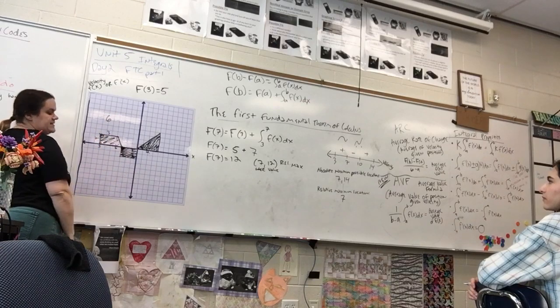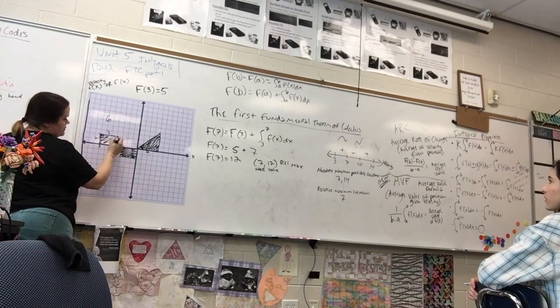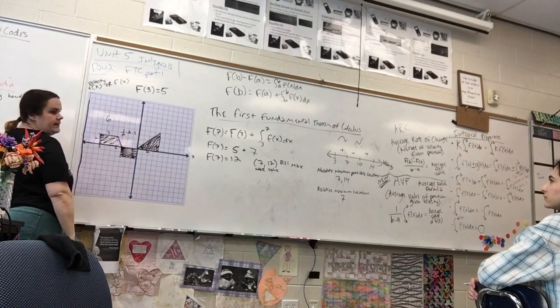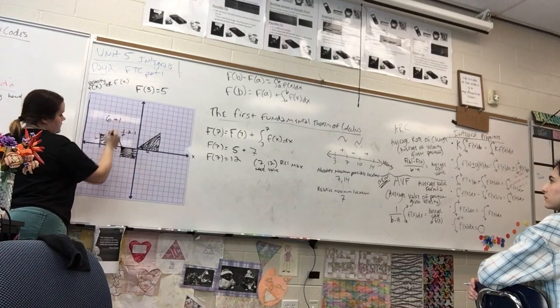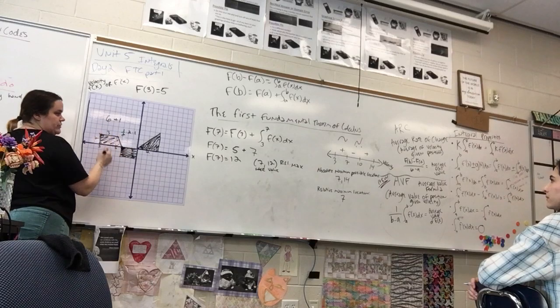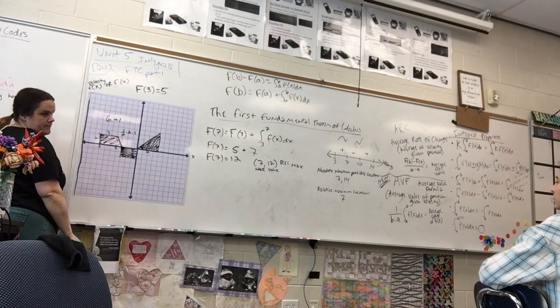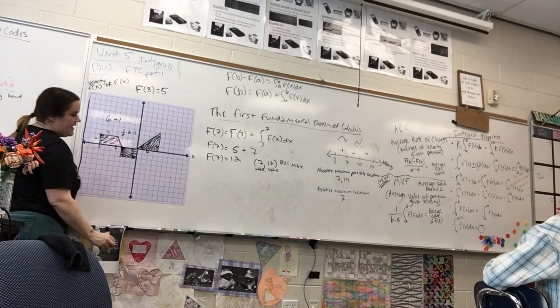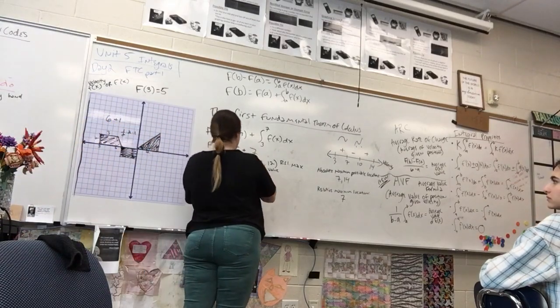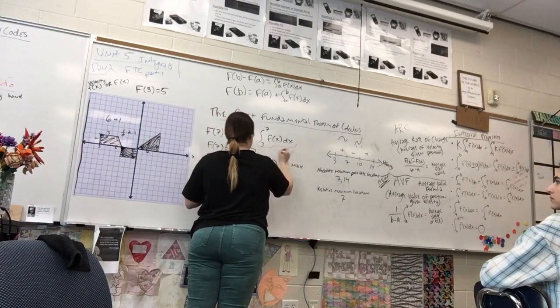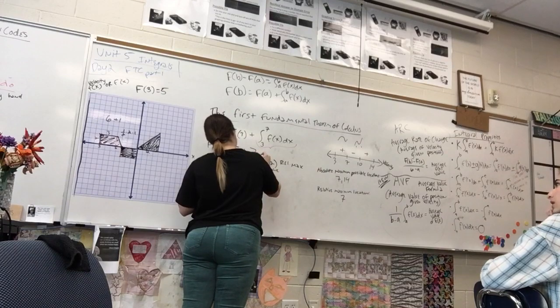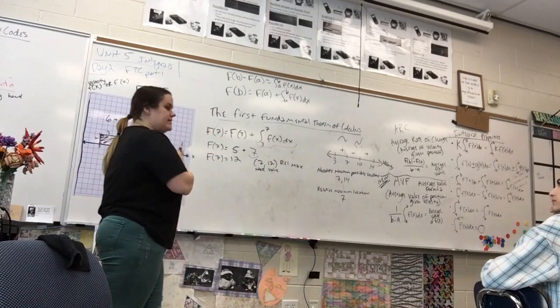So its area was 6. And then a triangle, which is 2 tall and 1 wide. So the area of this trapezoid looking shape is 7. So that 7 represented the area from 3 to 7 on the graph.